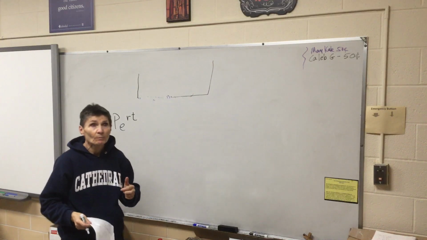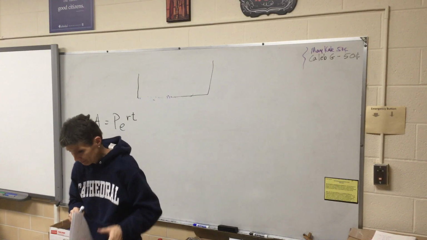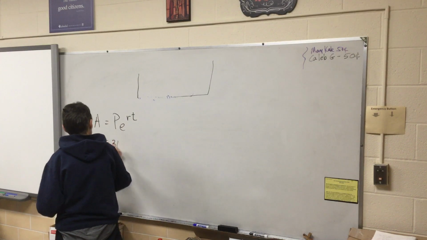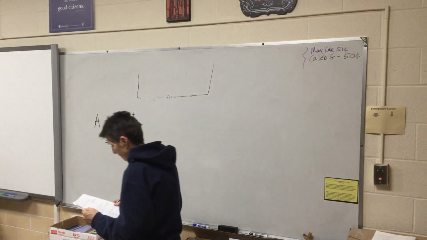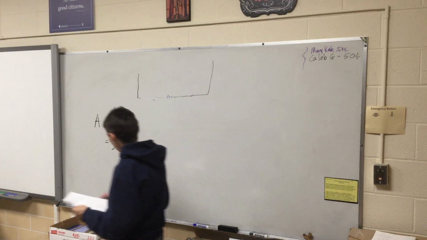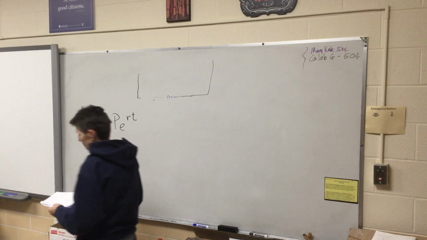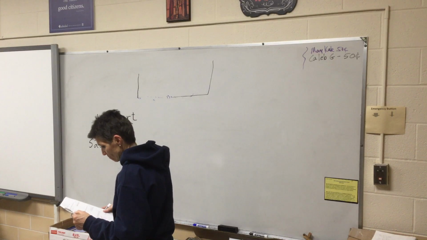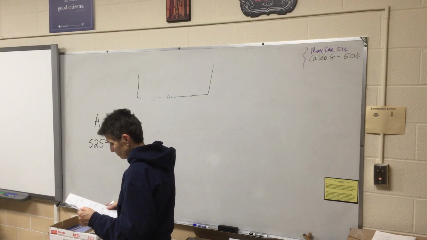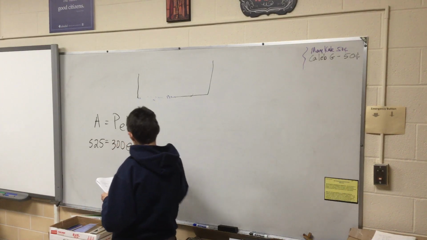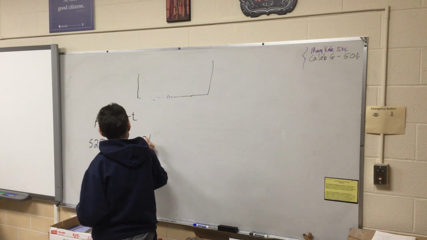All right, what's going to go in where? P is 300. A is 525. E is just E. R is the rate, so 0.12.